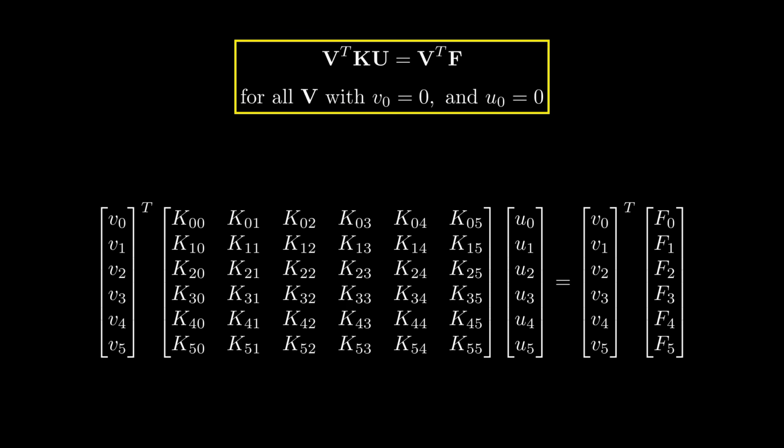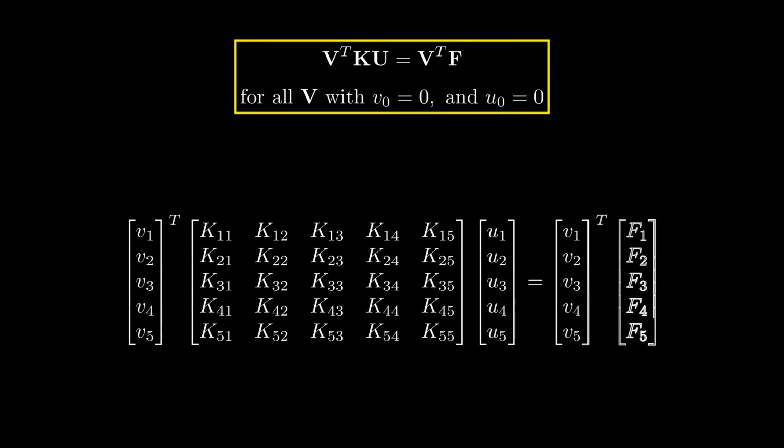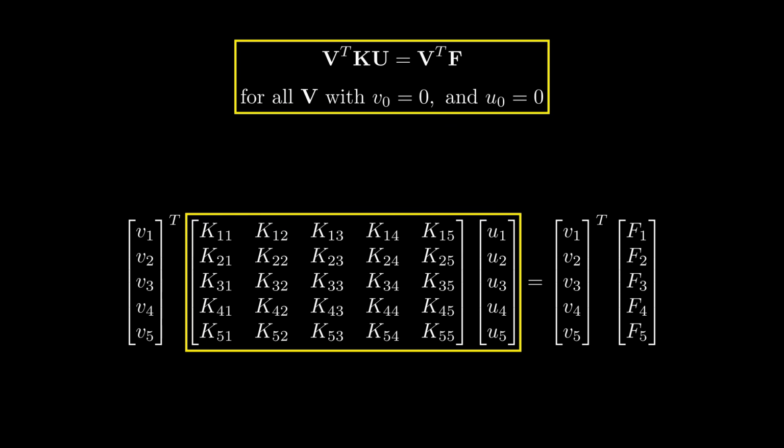That is, the first row and column of K and the first row of F are multiplied by 0 and hence vanish. This simplified equation must hold true for all vectors v. On the left side of the equation, v is multiplied by the vector resulting from K times u.